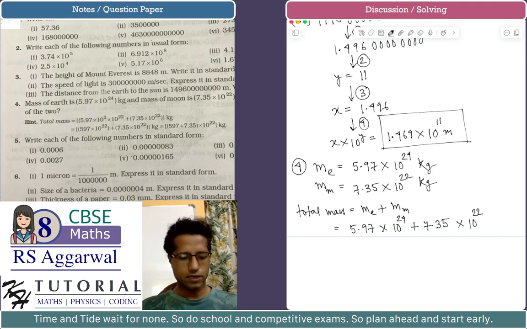Now how do you do this kind of addition of two numbers in standard form? That is, we have addition of two numbers where each number has a factor of power of 10.